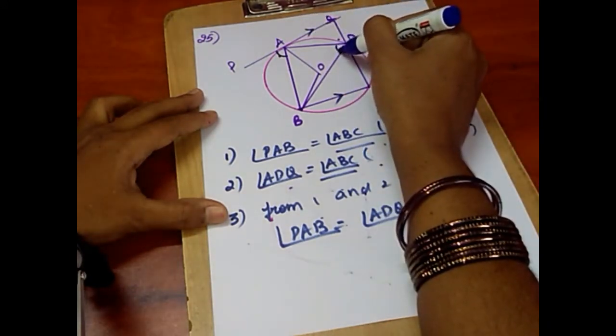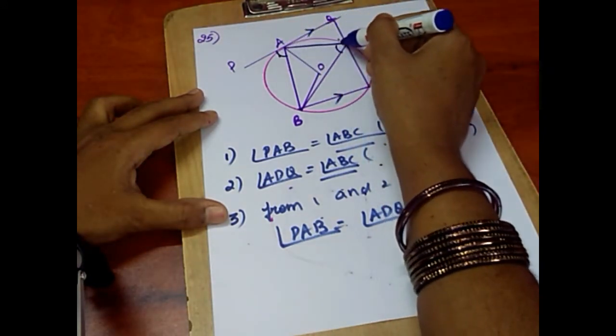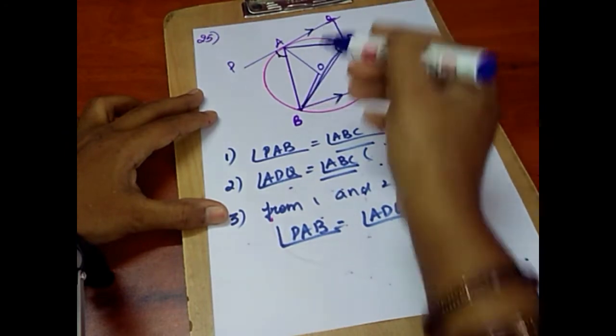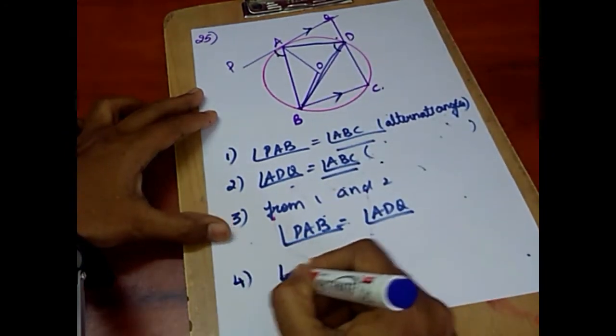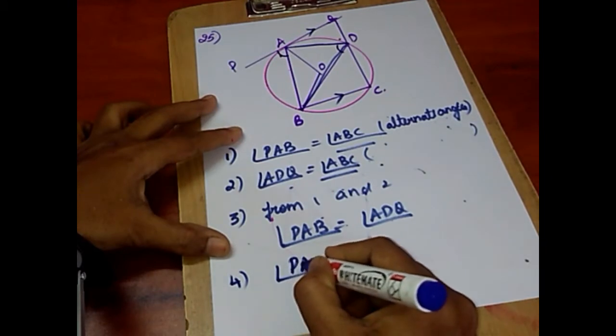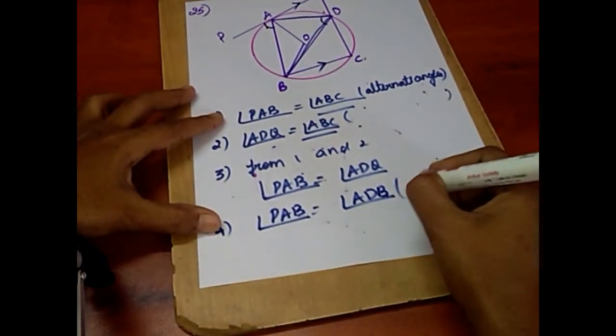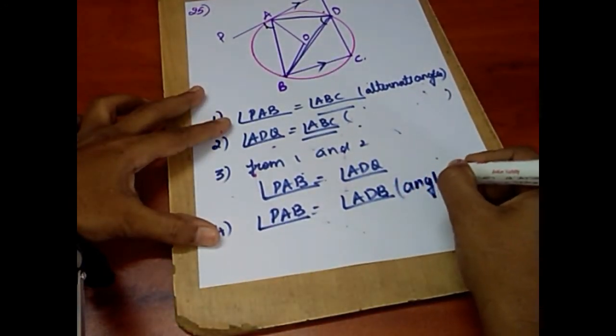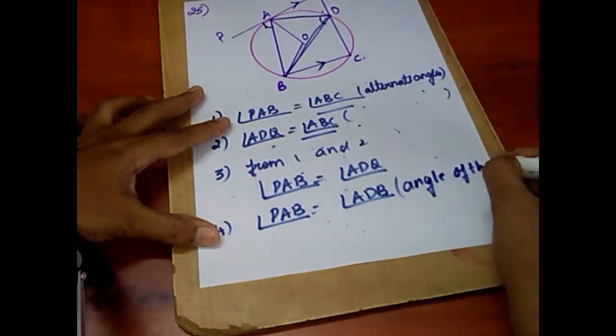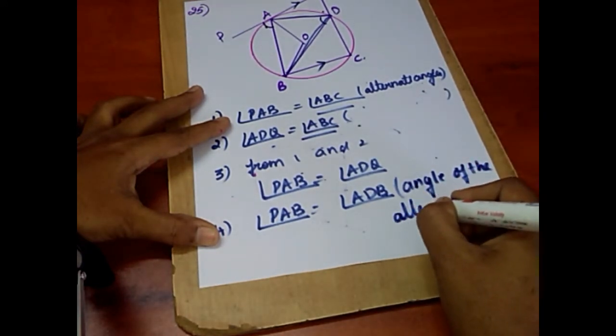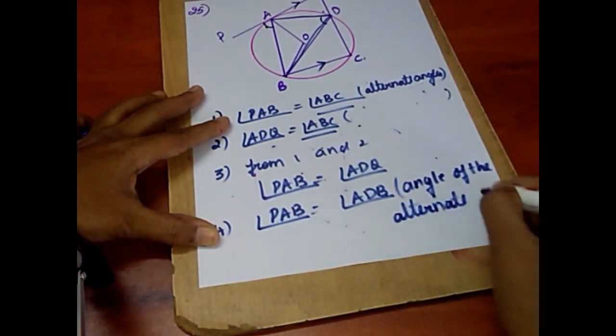This angle, just note down children, this is my point number 4. Angle PAB is equal to angle ADB. Write the reason. Angle of the alternate segment.